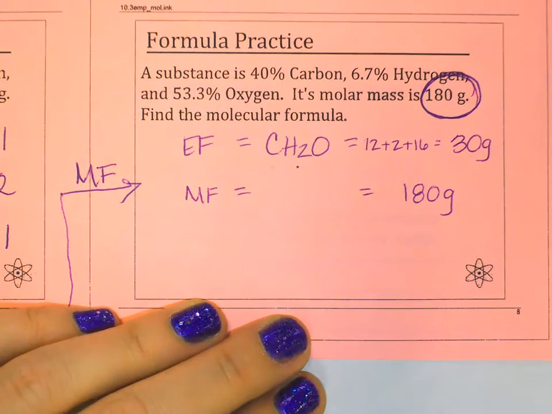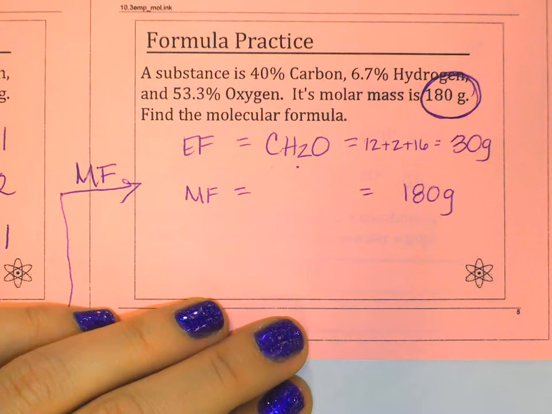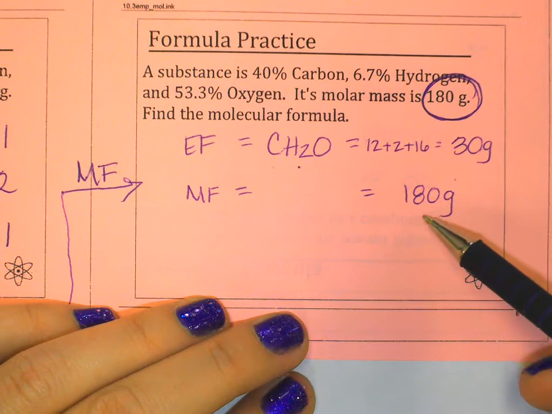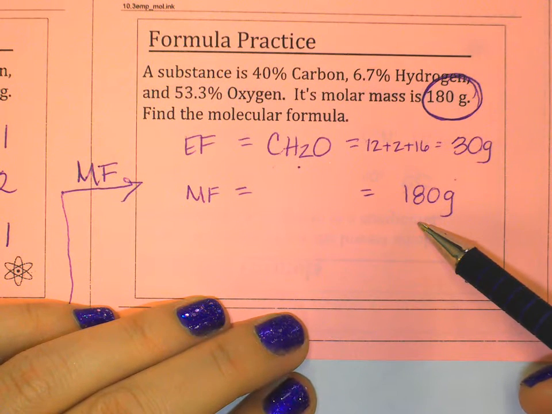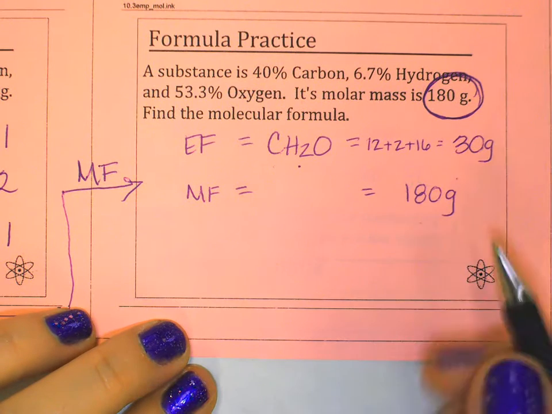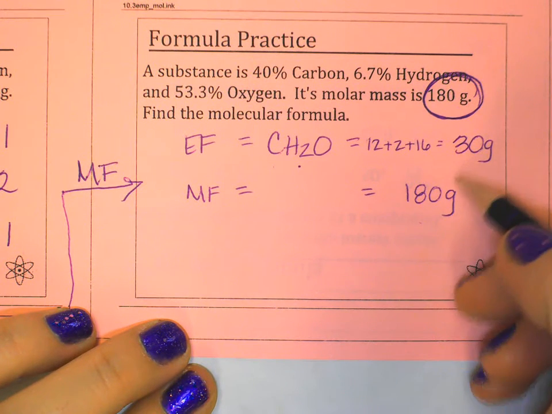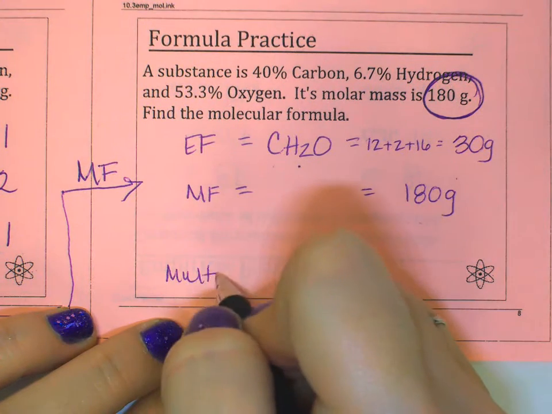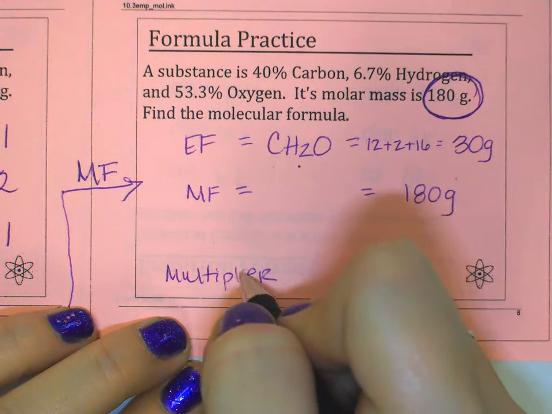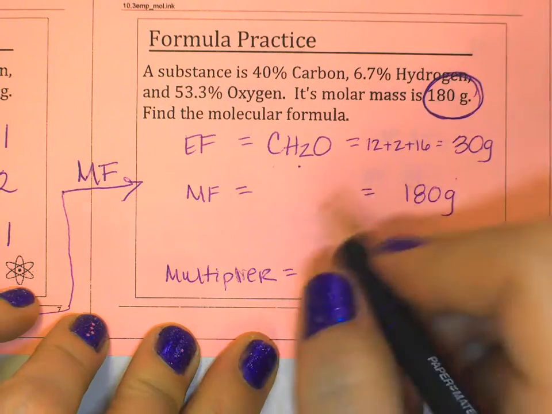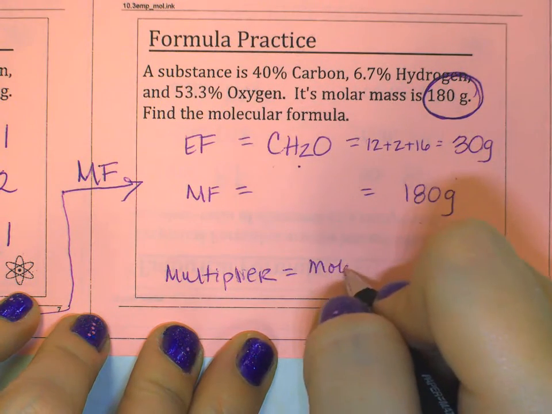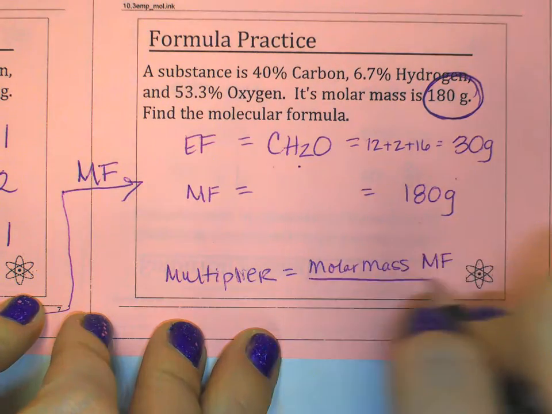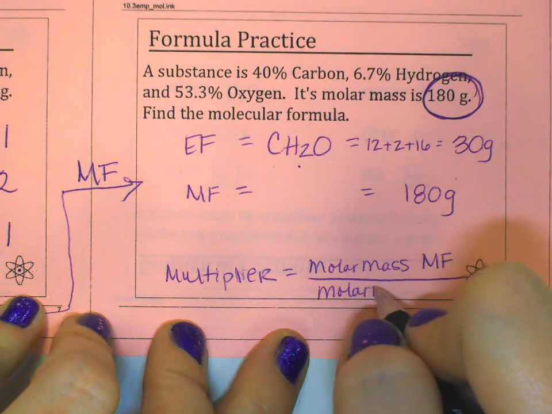But what I have to do is figure out my multiplier. I have to figure out how many times bigger is my molecular formula. Right? The way that I usually do that is I just kind of do it in my head. I can see how many times bigger this is. But to really get your multiplier, if you wanted a formula for that, your multiplier is the molar mass of your molecular formula divided by the molar mass of your empirical formula.